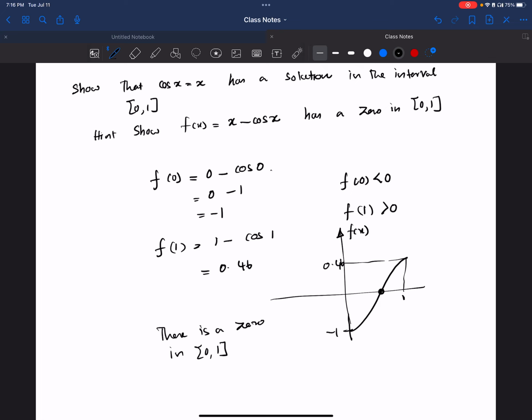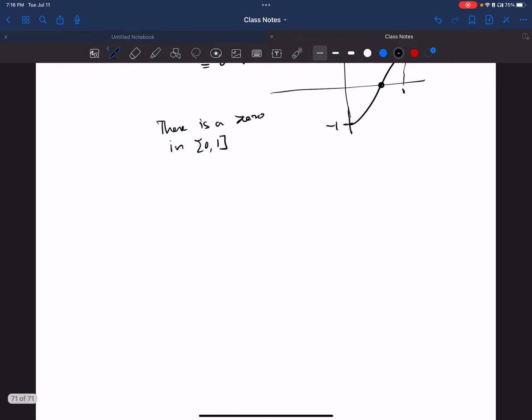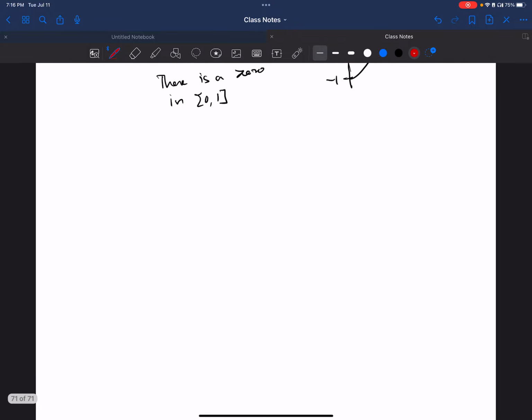And let's say example 7 from the book. What does it say? Prove using IVT. So it's a proof using IVT. What needs to be proved?